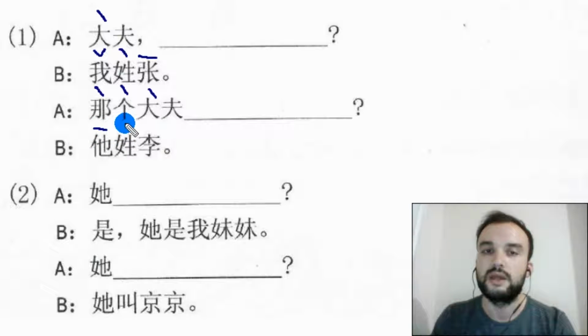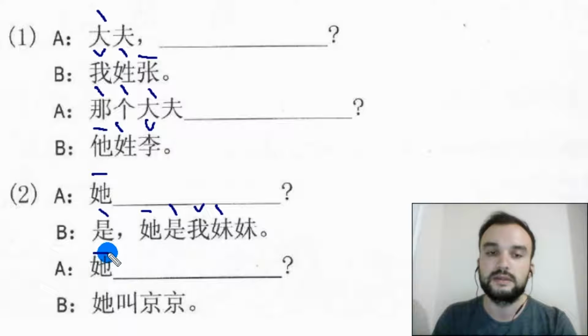first tone. 信, fourth tone. 礼, third tone. 他, first tone. 是, fourth tone. 他, first tone. 是, we already wrote it. 我妹妹, fourth tone, and the other character doesn't have a tone.